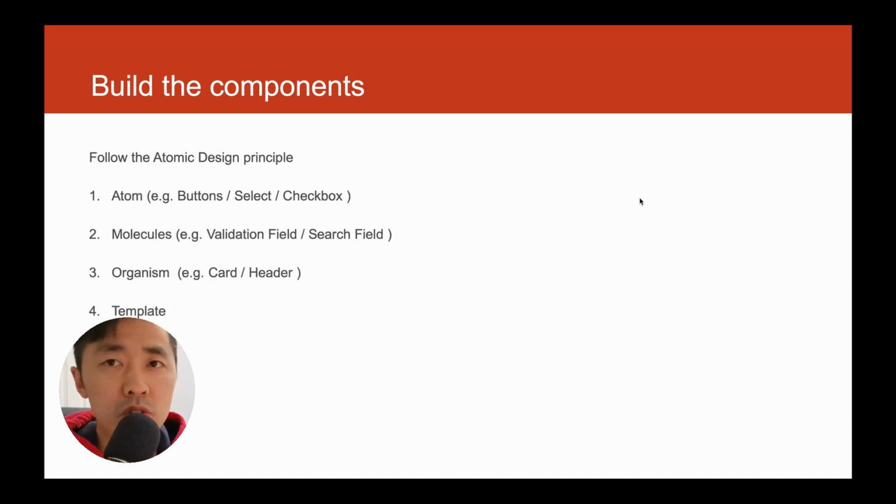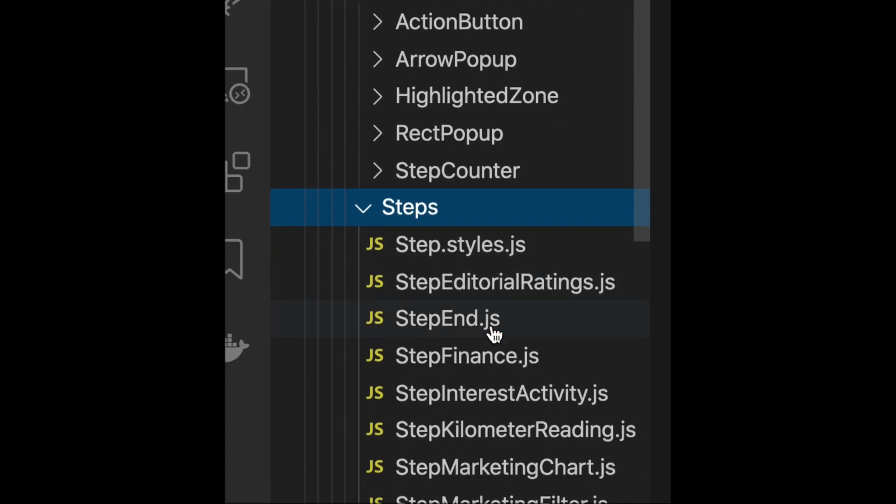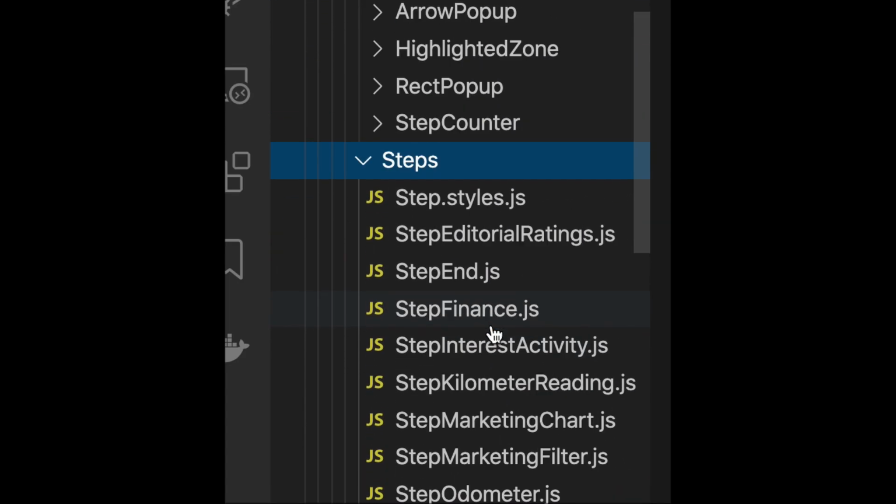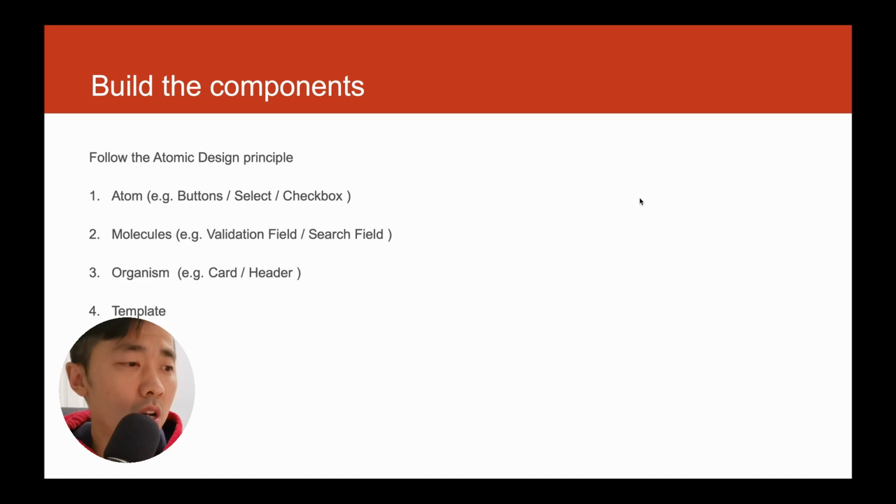My suggestion is having all the building blocks there first, based on the atomic design principle, which falls into 4 different levels. Atoms, like a button, select or checkboxes; molecules, like a validation field or search field; organisms, like a card or header.